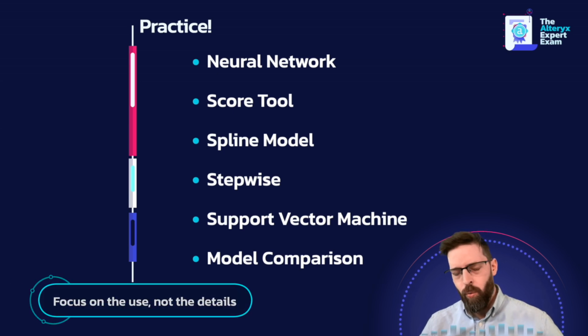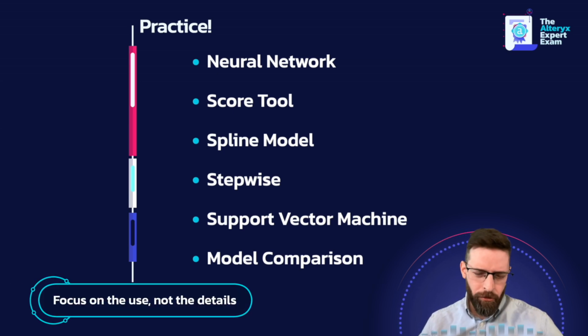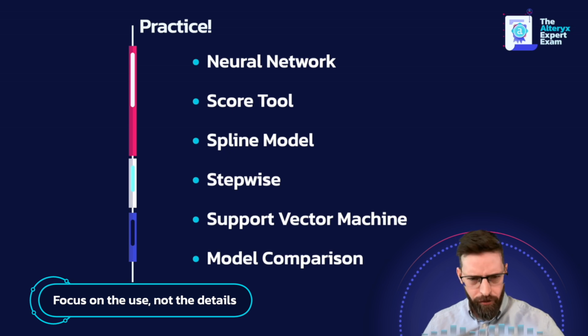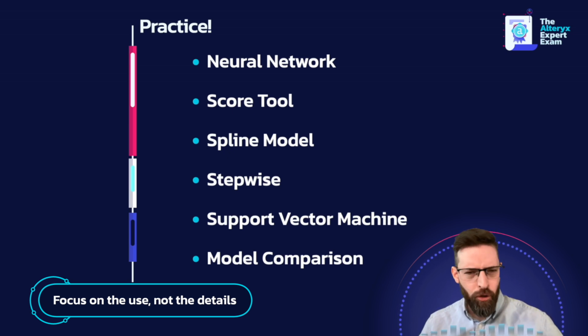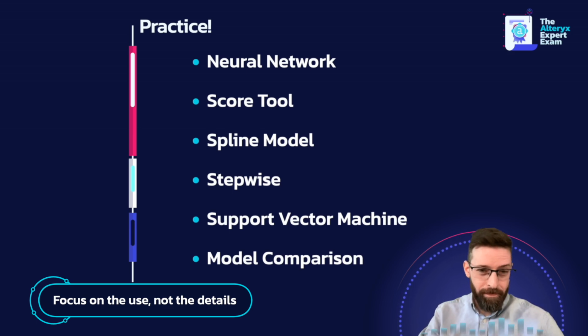And just knowing what the names are and some slight configurations if you have to configure it, that's where it's going to be relevant. But I wouldn't spend a ton of time researching 3 paragraphs deep on what a spline model is or a stepwise, all the nuances of it, other than just being aware that it exists. And if you're asked to use that, you just know where to find it.